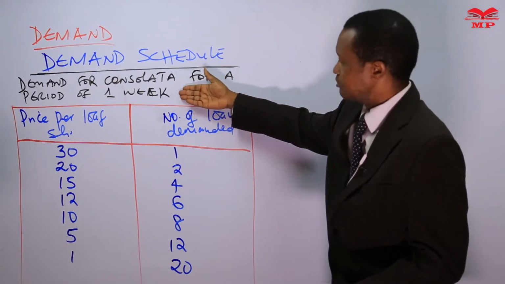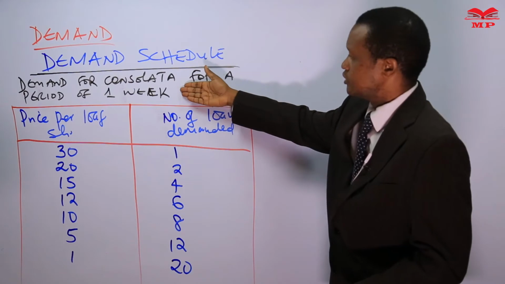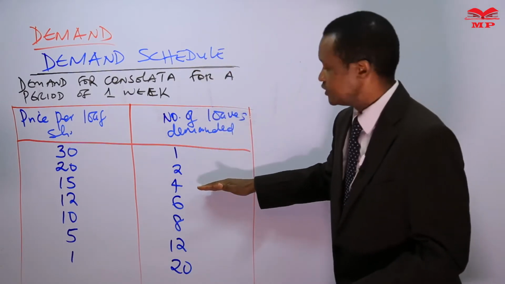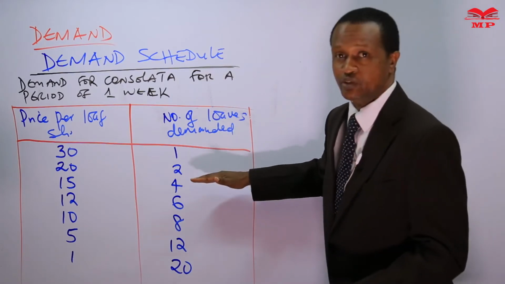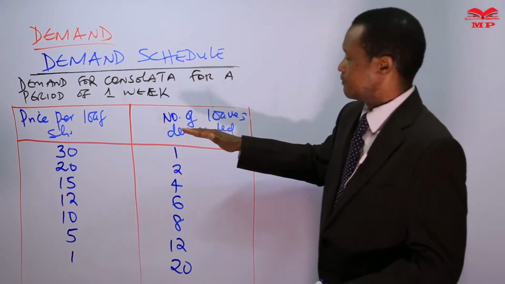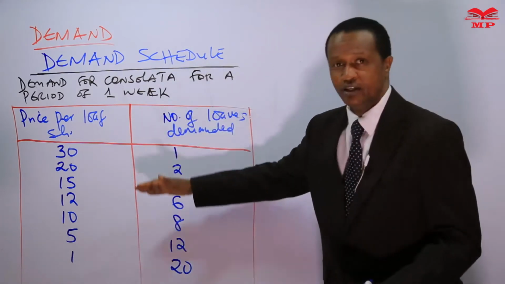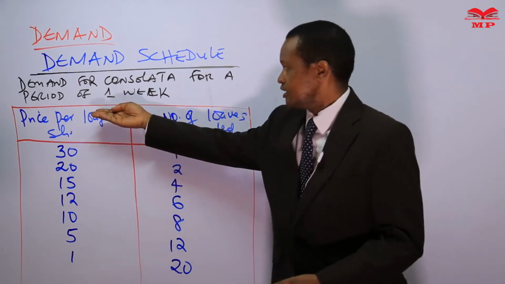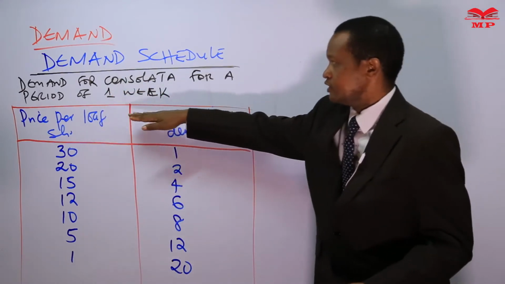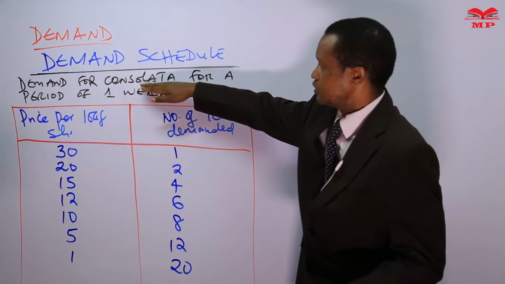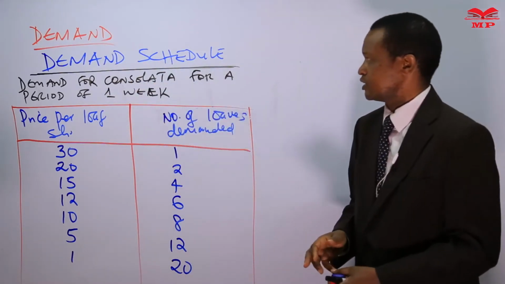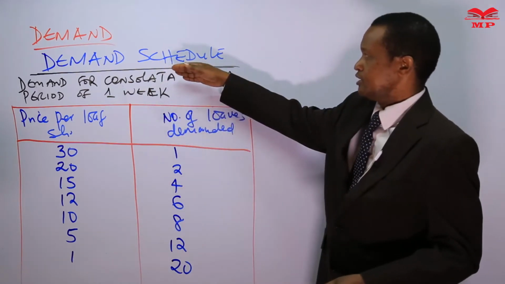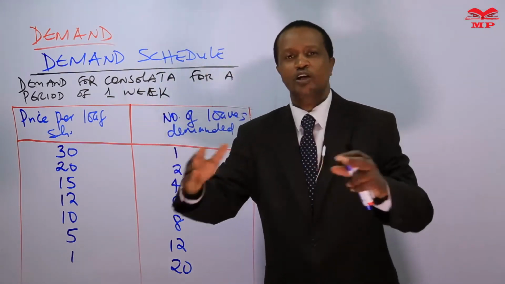It is simply a table that shows the quantities demanded by an individual or individuals in a market over a given period of time. So this one is a demand schedule for an individual. This is Consolata, an individual. We can still compute the demand schedule for all customers.